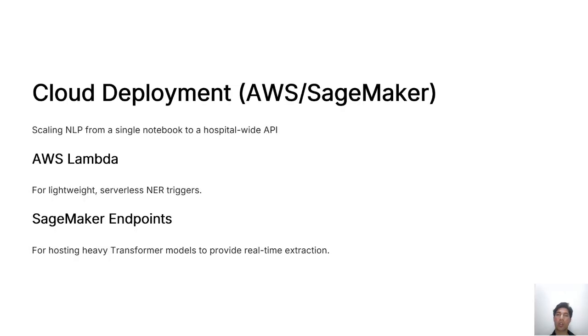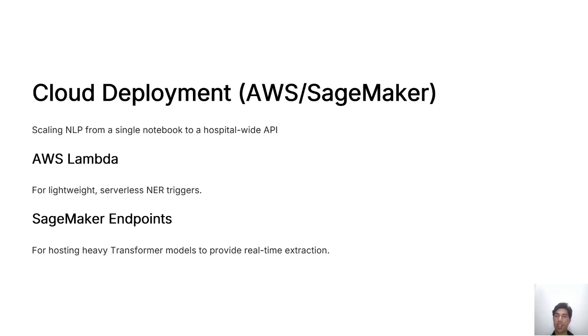Then cloud deployment on AWS and SageMaker, scaling natural language processing from a single notebook to a hospital-wide API. So basically, when we deploy these encapsulated models on the cloud, we can just generate an API, and it becomes easier for medical professionals to use our named entity recognition models.